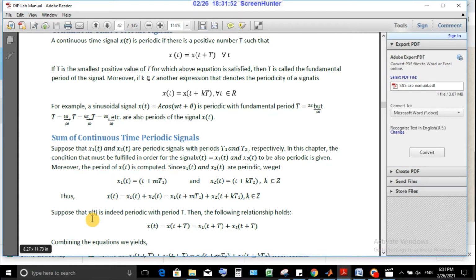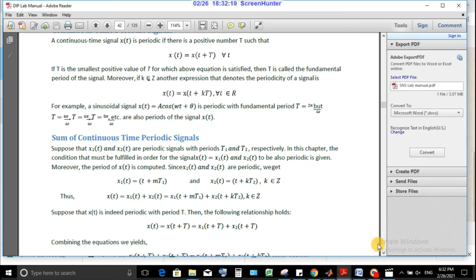Suppose that x(t) is indeed periodic with period capital T, then the following relationship holds: x(t) = x(t + T) = x1(t + T) + x2(t + T).